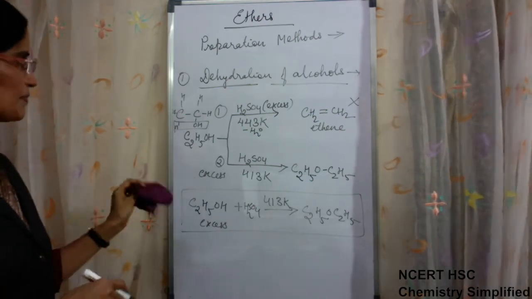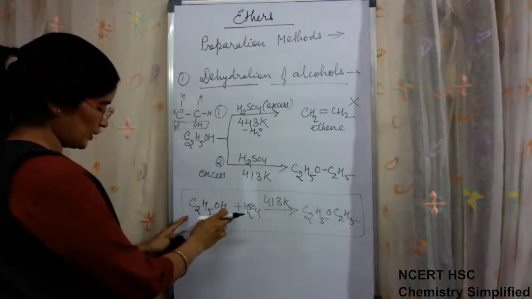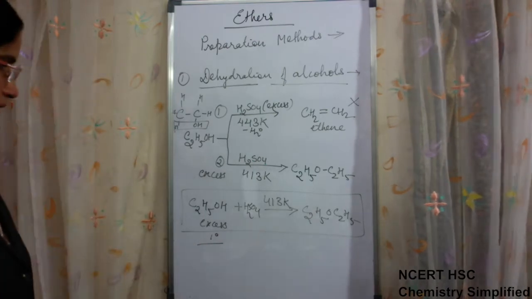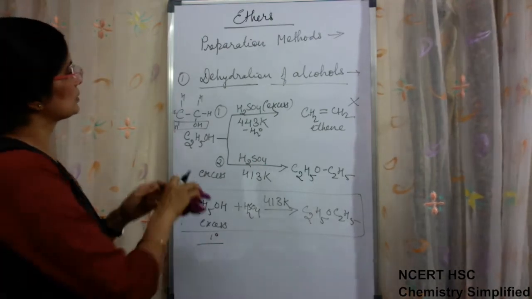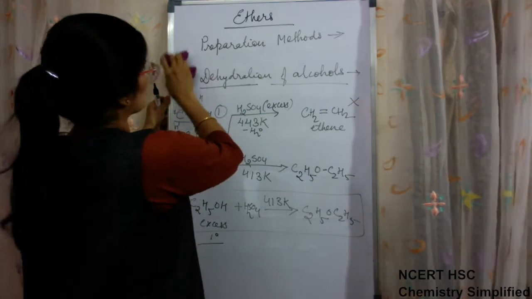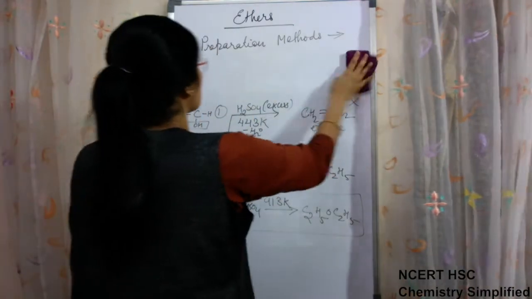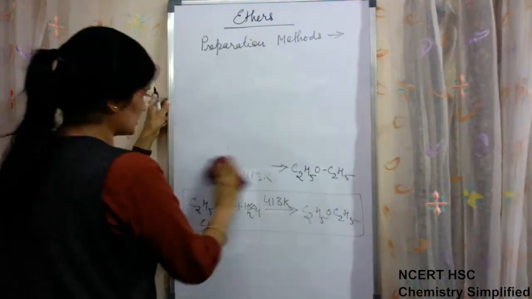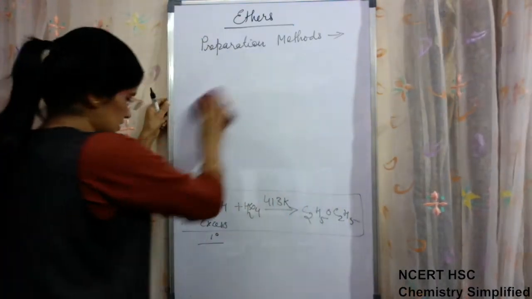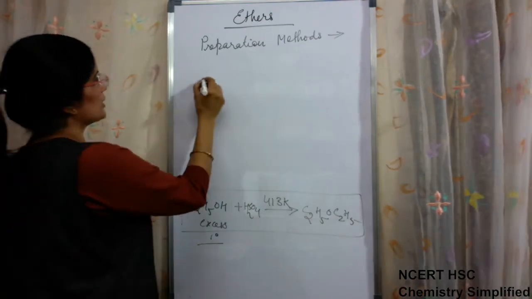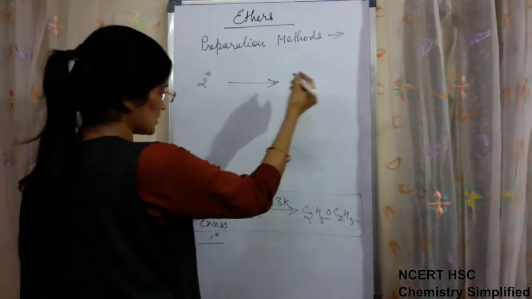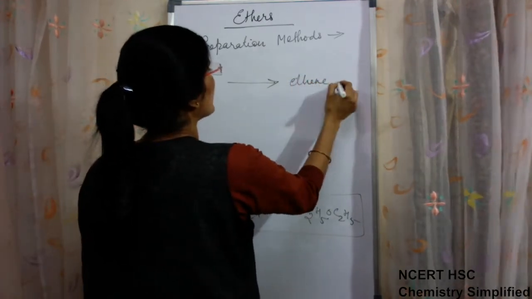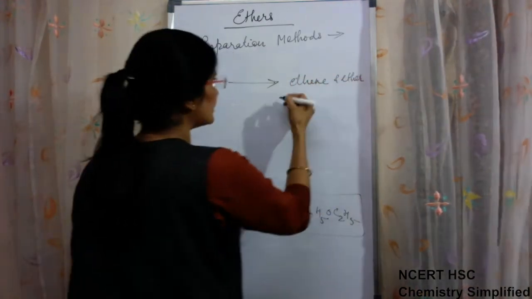Now in this particular reaction, the alcohol which we are using should be 1 degree alcohol. Now 1 degree is known to everyone. So 1 degree alcohol is the condition if you want to get the product as ether. Suppose the alcohol which we are taking is 2 degree. In that case, a mixture of both, alkene and ether.